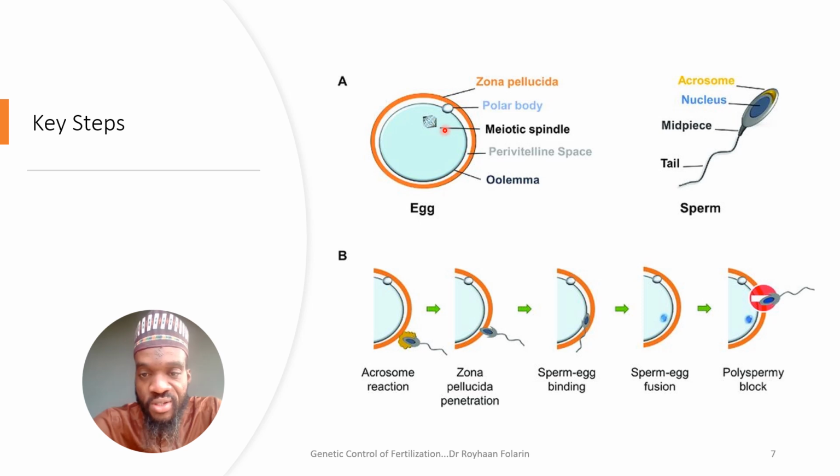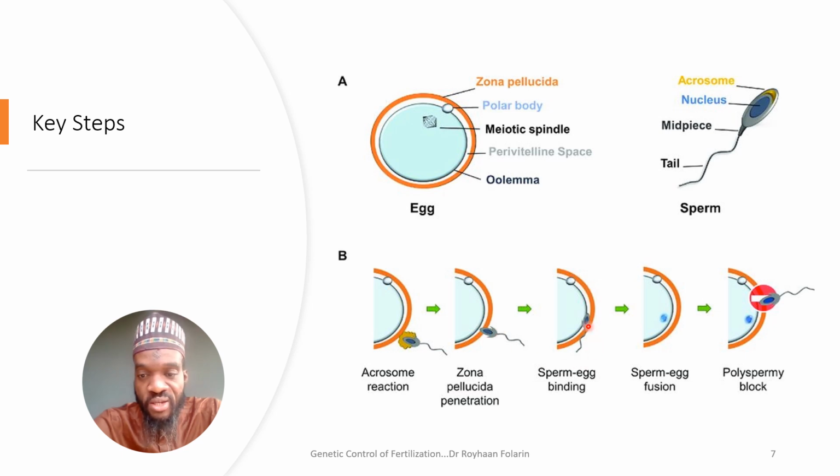So we've seen the meiotic spindle being formed by the centrioles, and then the perivitelline space, and then the oolemma. Oolemma is also the vitelline membrane or the plasma membrane. Oo here is also referring to the oocyte or egg. So you see the acrosomal reaction, and then the zona pellucida penetration by the sperm.